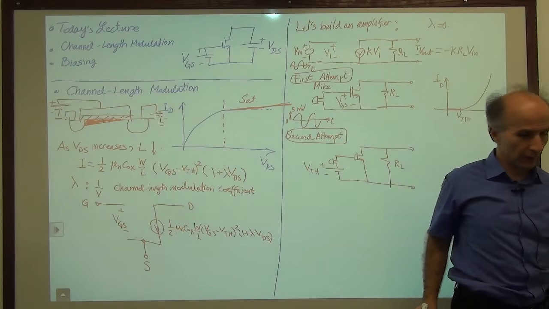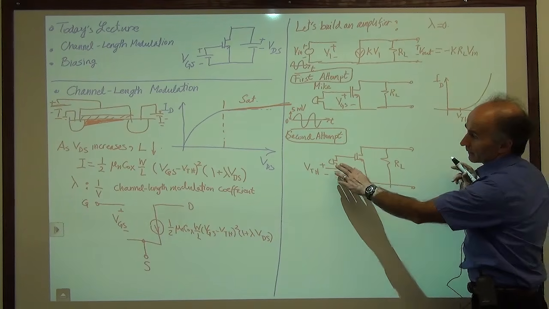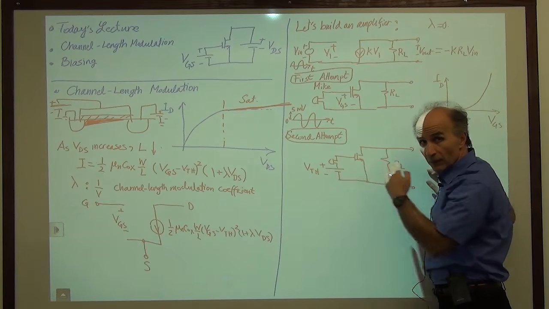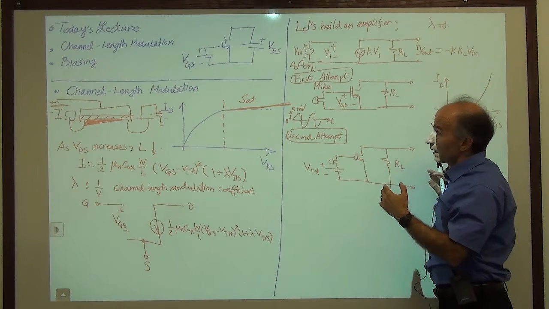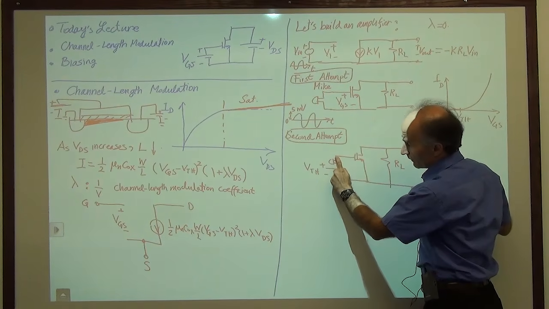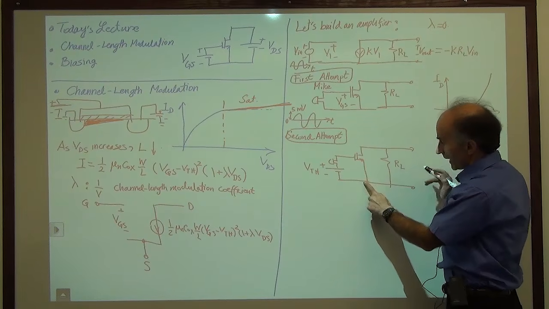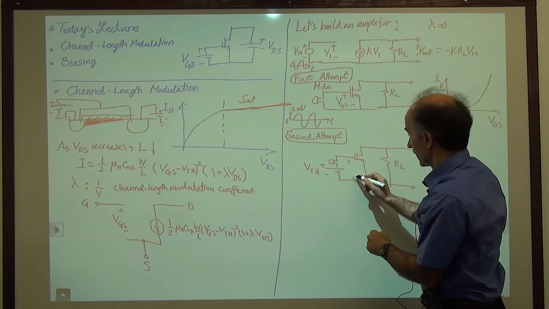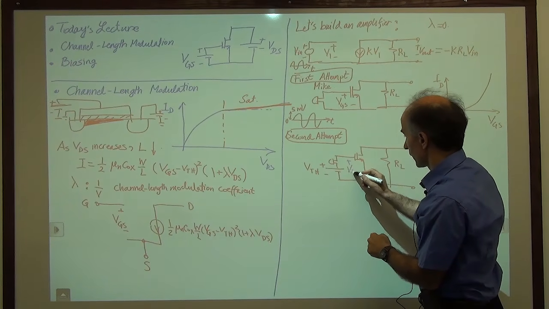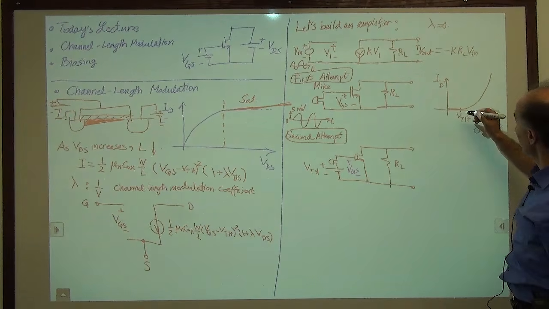Well, if you look at this carefully, we see that now, if the microphone is quiet, so if I'm not talking to the microphone, then there's no signal. The signal is 0. So the voltage difference between these two is 0. That means that VGS of the device, in the absence of a microphone signal, is equal to 1 threshold. So we are right here.